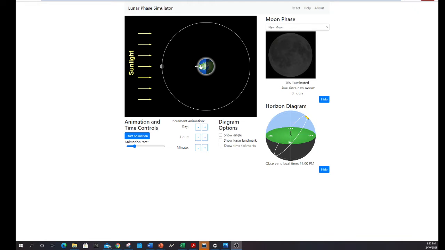Imagine that we are here on the Earth, and as the Earth faces toward the sun, we are in daylight. The new moon is visible during the daytime. In fact, it rises at approximately sunrise, and the moon sets at approximately sunset. So the moon is visually close to the sun as we see it during the new moon, right?